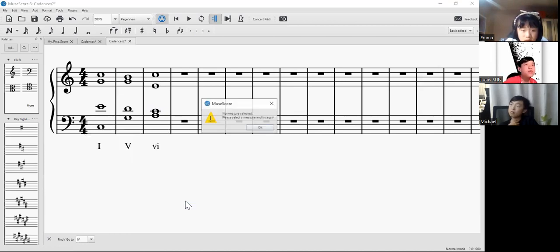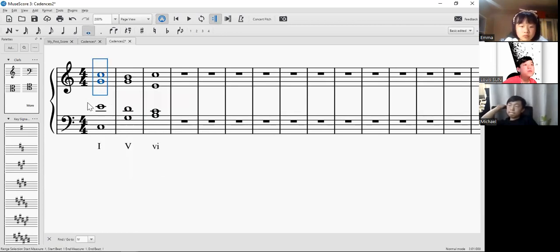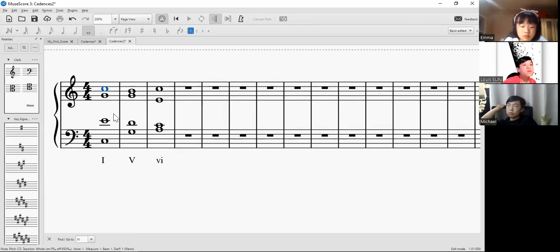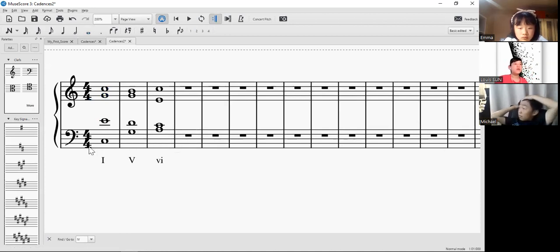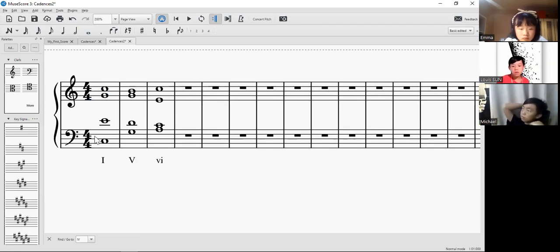Add insert one measure. How do I do this? Okay, I have no idea how to do this. Insert. How do this? I still haven't figured out how to add.